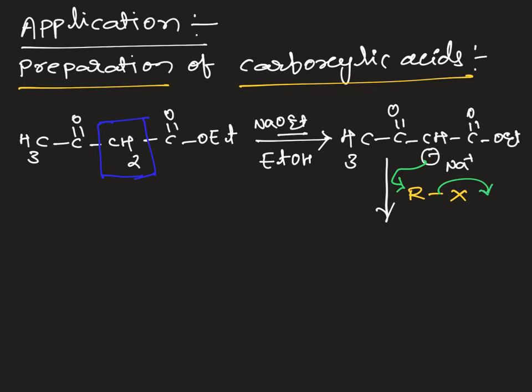Na plus and X minus will form NaX, and R is attached at the active methylene carbon. CH3, and here we have R which is coming from the alkyl halide.